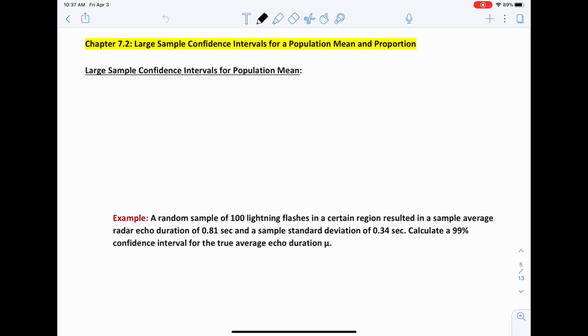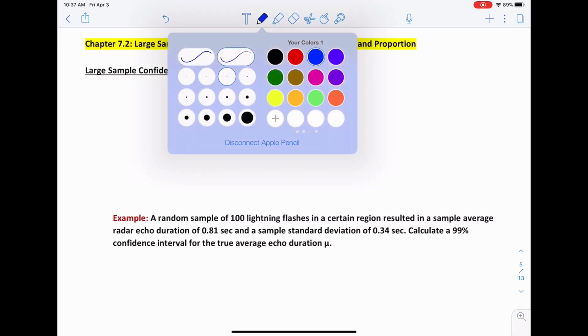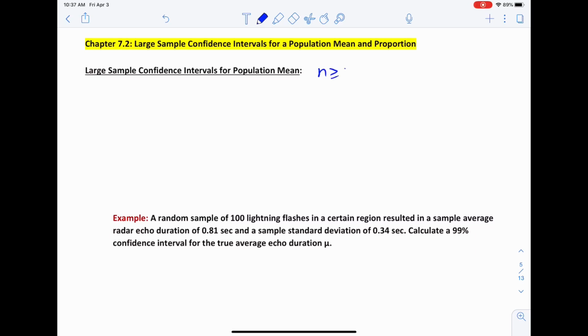In various books, some books use large sample to mean n greater than or equal to 40. Some other books may write n greater than or equal to 30, but I'm going to use 40 here to consider a large sample.